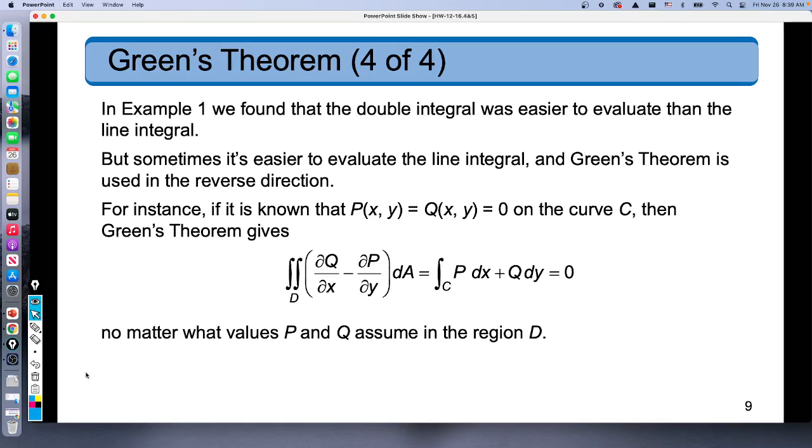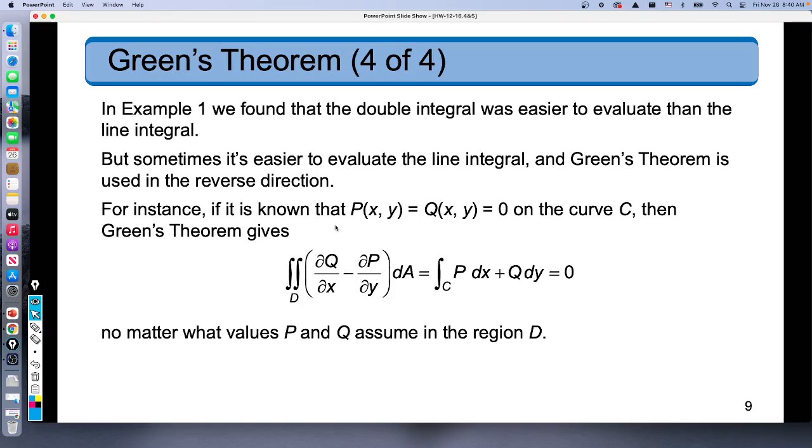Okay. The other thing, though, is sometimes the double integral is easier to evaluate, but sometimes the line integral is easier to evaluate, so we could use it in both directions.